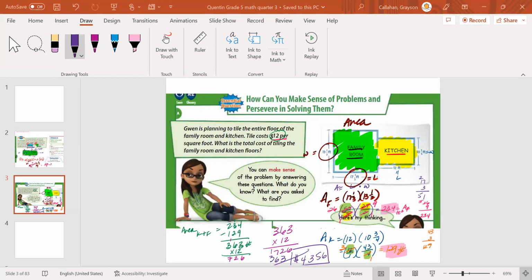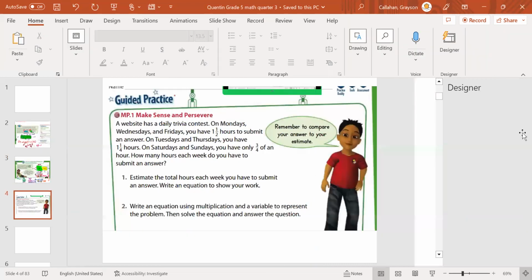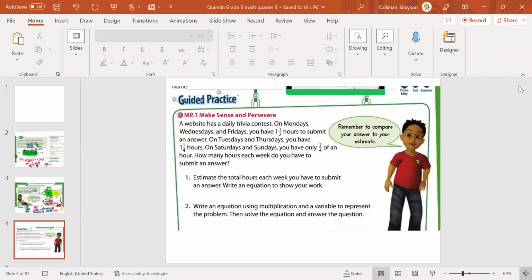Okay, so let's take a look at this one. This is your second and last question, okay? All right, go ahead and read, and then figure out how you will want to start this.